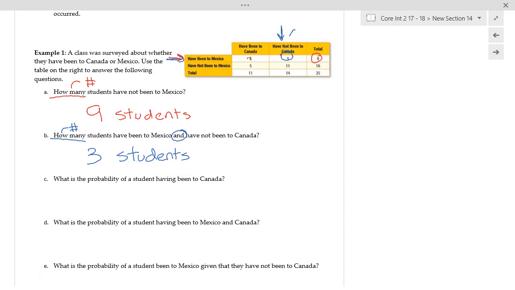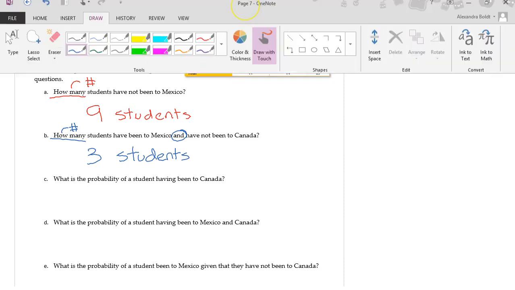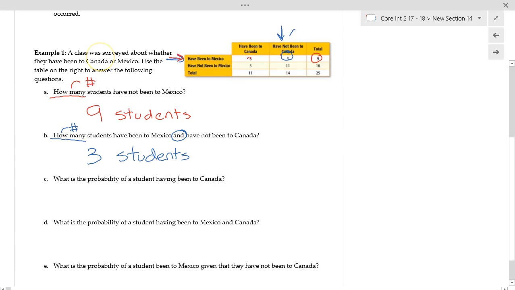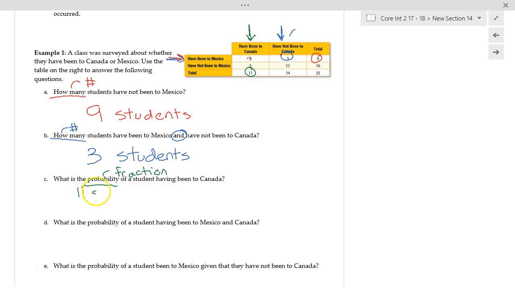Okay, what is the probability of a student having been to Canada? So now I'm looking at probability. When it asks for probability, you are looking for a fraction. So I need to know how many students have been to Canada over how many total students. How many students have been to Canada? There's 11 Canada students.